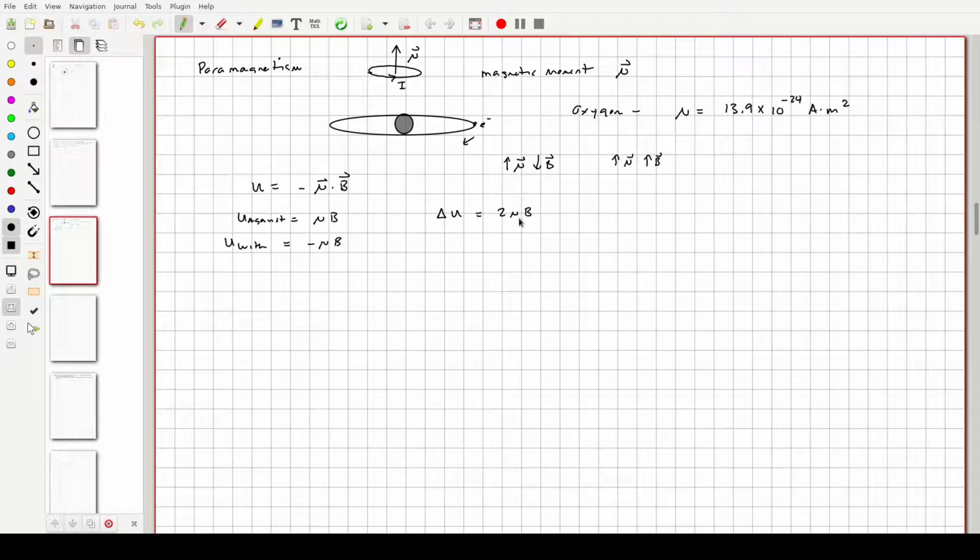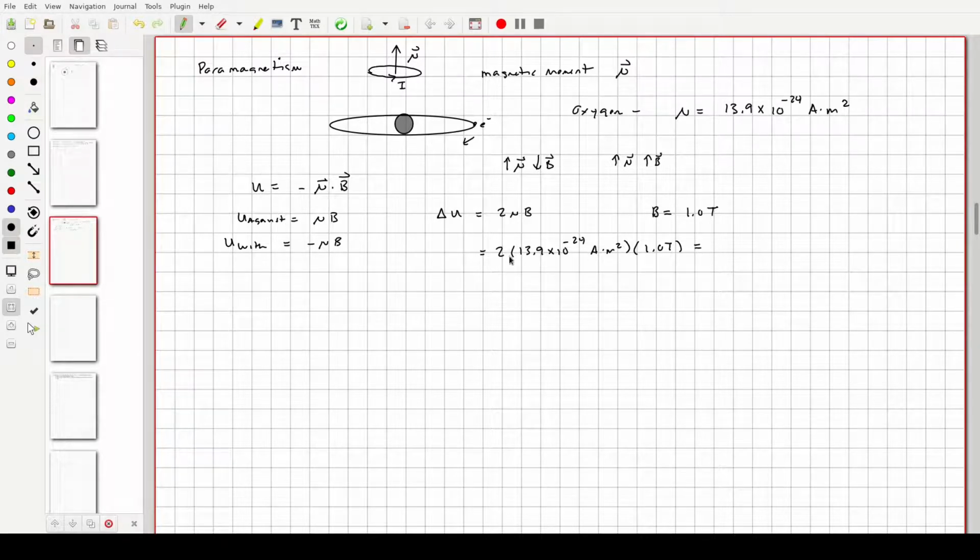So let's just think about a simple example. We're going to put this particular material in the presence of a very strong magnetic field. I don't know, maybe B is something like 1.0 Tesla. Tesla's a lot of magnetic field. So in this case, the difference in potential energy you would see here would be 2 times mu, which is 13.9 times 10 to the minus 24th ampere meters squared times 1.0 Tesla.